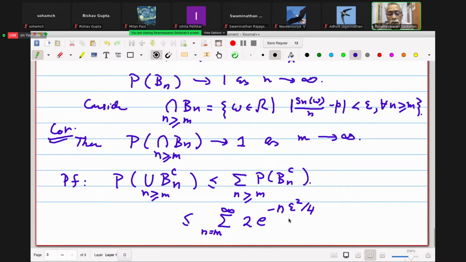And now this is 2 times a geometric series, and we are looking at the tail end. So this goes to 0 as m goes to infinity, since the summation of 2 times e power minus n epsilon square by 4 converges.